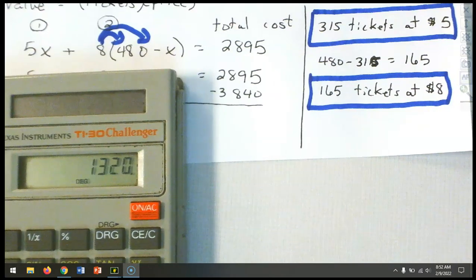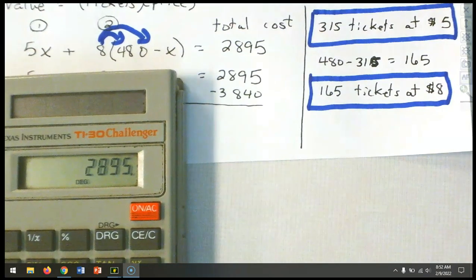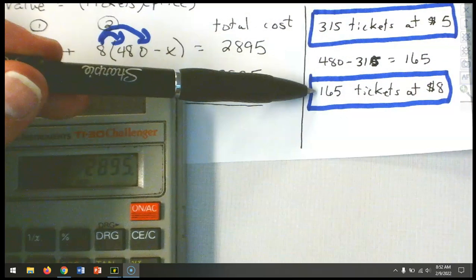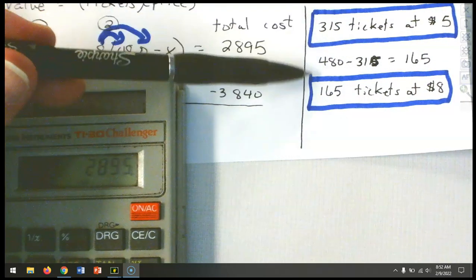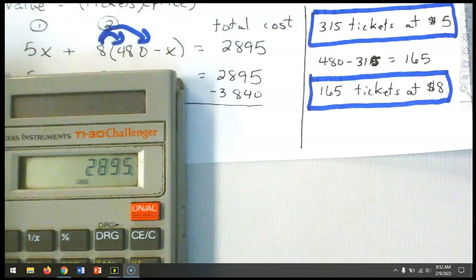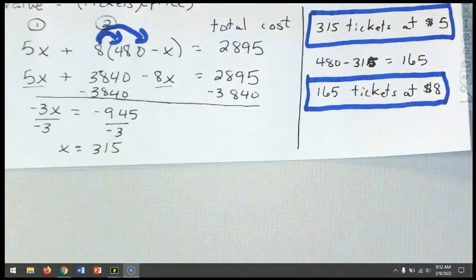That's $13.20. And what does that give you? $28.95, which it should be. So you can always check them by simply multiplying and make sure the value of the tickets is correct. Also, 315 and 165, what does that add up to give you? 480, which should be the number of tickets, which it is. So we know that we did it correctly.